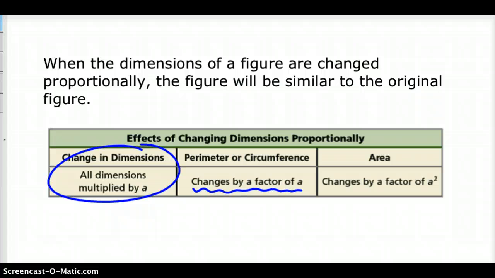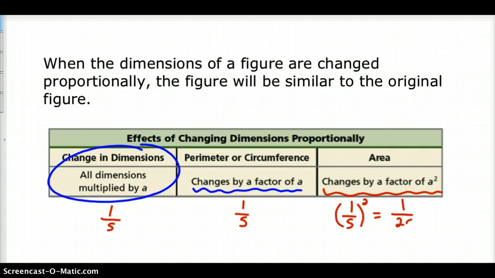But the area is going to change by a factor of a squared. For example, in the last example, our radius was multiplied by 1/5. Therefore our circumference was also multiplied by 1/5, but our area was multiplied by 1/5 squared, which is 1/25.